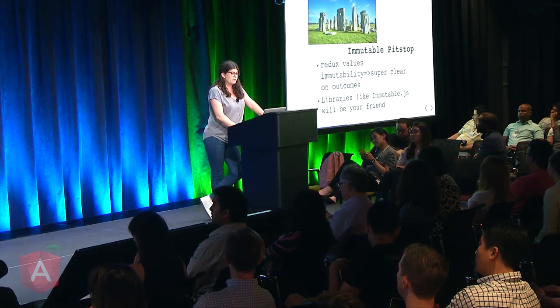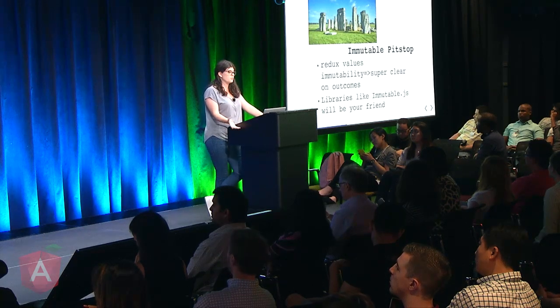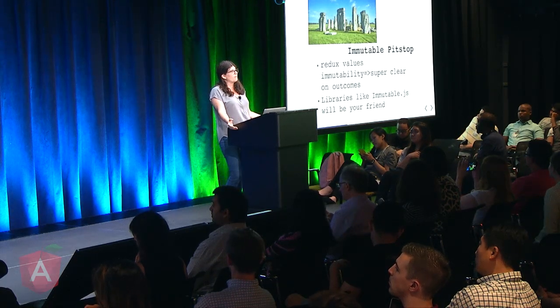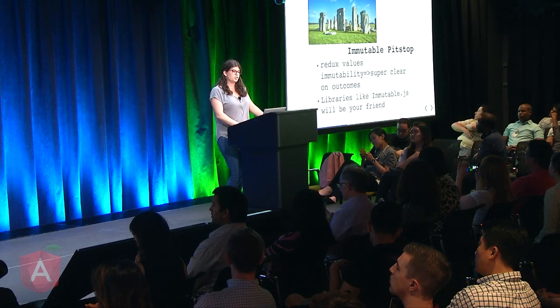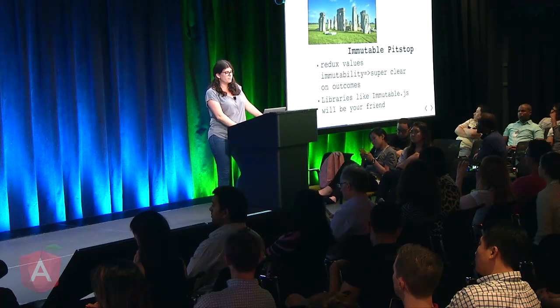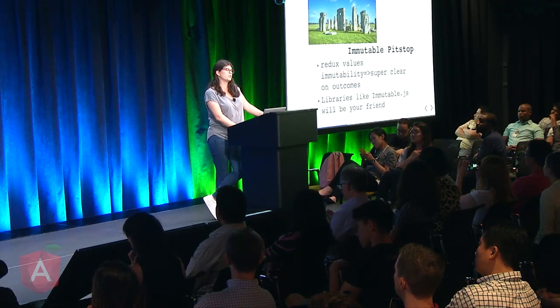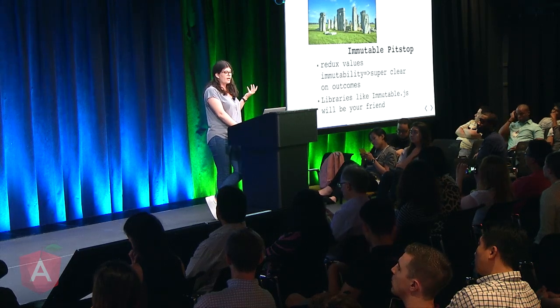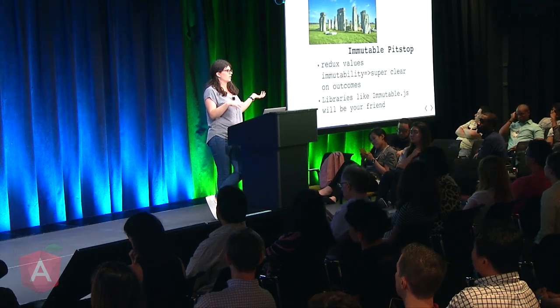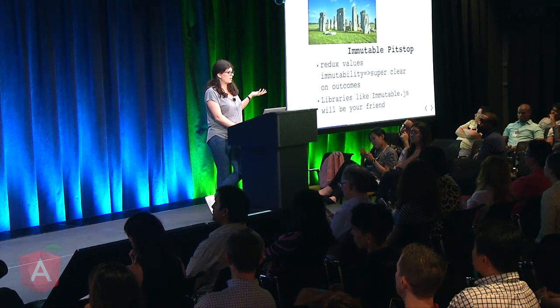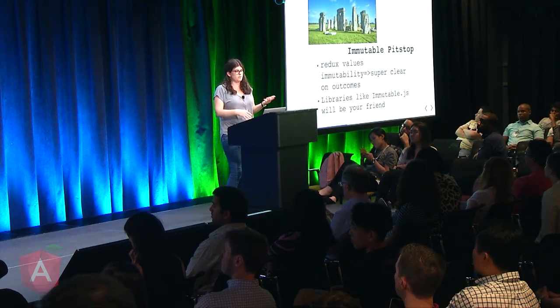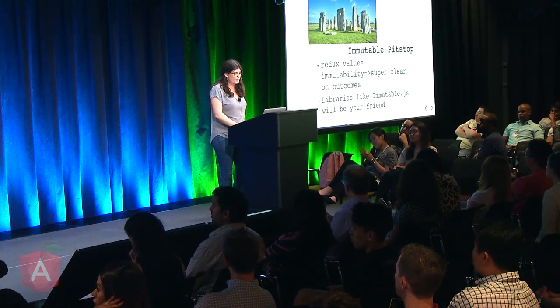Native JavaScript objects are inherently mutable. So to remain true to Redux principles of immutability, you can import a library like Immutable.js, which gives you immutable objects like maps. Or you can also use built-in methods like Object.assign or .concat to fudge immutability on your own without importing a whole other library. For the sake of today, I'm going to use Immutable.js just because I think it works really well.